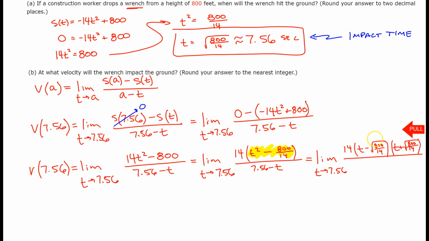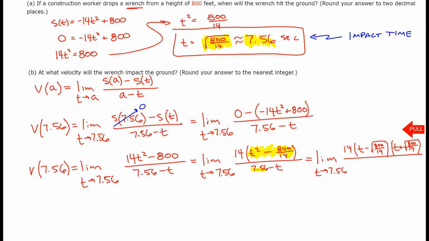I just took the perfect square root of 800 over 14, and it's just going to be the square root of 800 over 14. But hey, that number looks really familiar. The square root of 800 over 14 is about 7.56. So we might be lucky here. In fact, I'm going to rewrite this denominator number, 7.56, as the square root of 800 over 14.